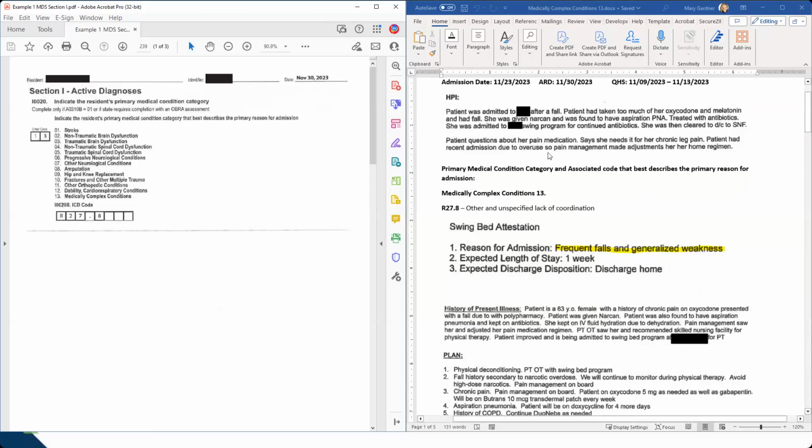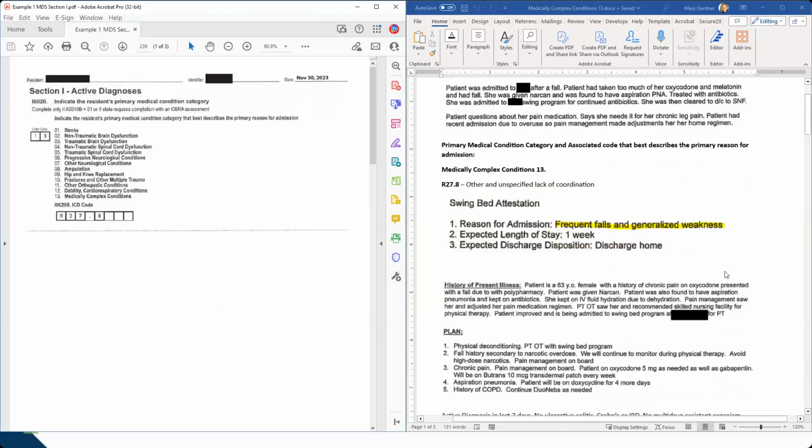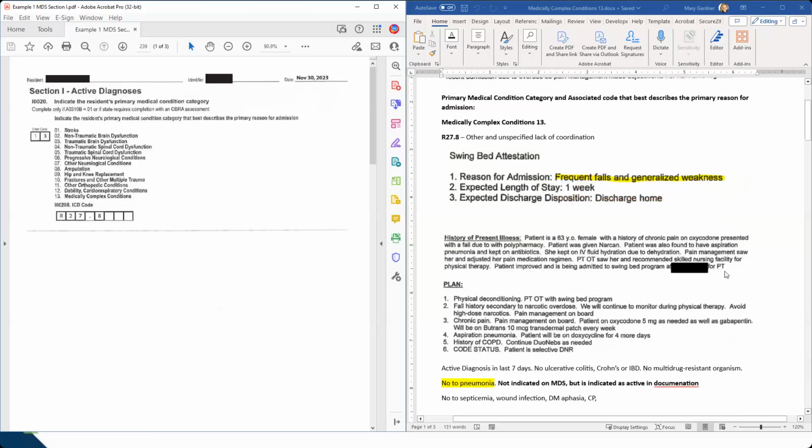So there were a few pieces of documentation that we pulled that were physician documented to help support this. Another was in the swing bed attestation. The reason for admission documented by the physician was frequent falls and generalized weakness.